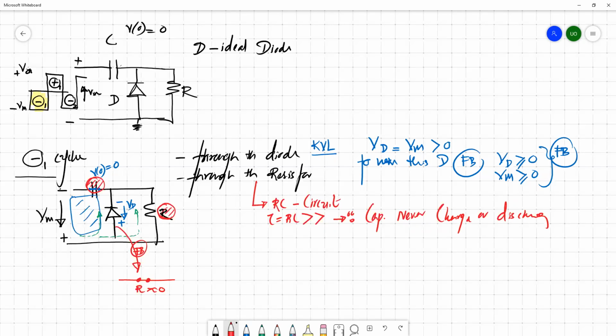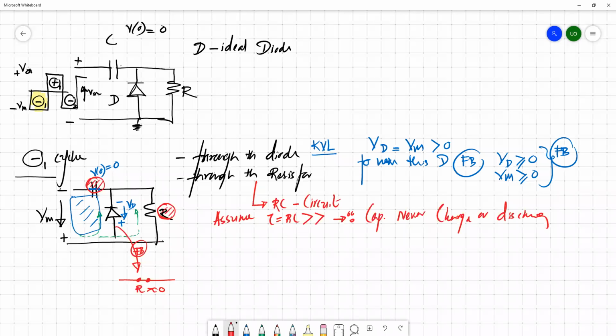Let's assume that the time constant for this particular RC circuit, where you have this resistor and this capacitor, is very, very large. So this capacitor never charges or discharges for this particular circuit.